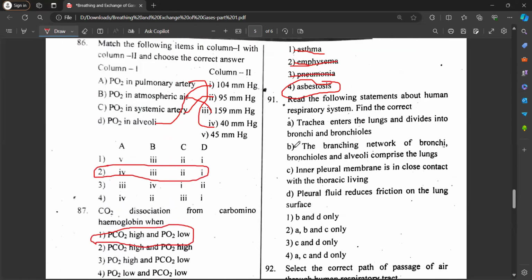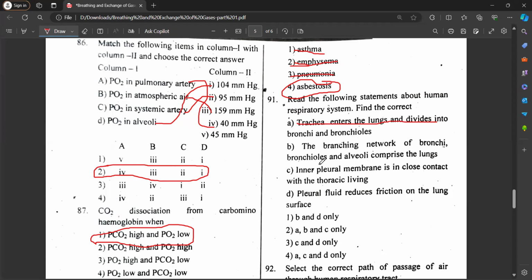Next, read the following statements about the human respiratory system. Find the correct one. Trachea enters the lungs and divides into bronchi and bronchioles. No, trachea will never enter the lungs, so this statement is wrong. Then, the branching network of bronchi, bronchioles, and alveoli comprises the lungs.